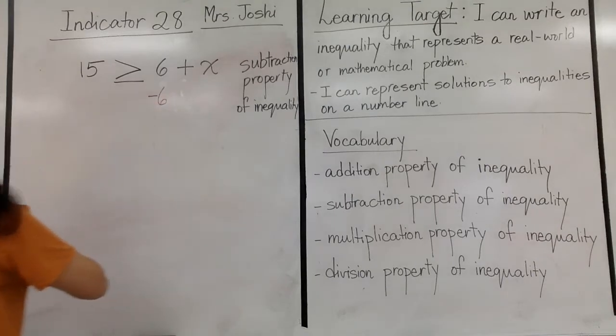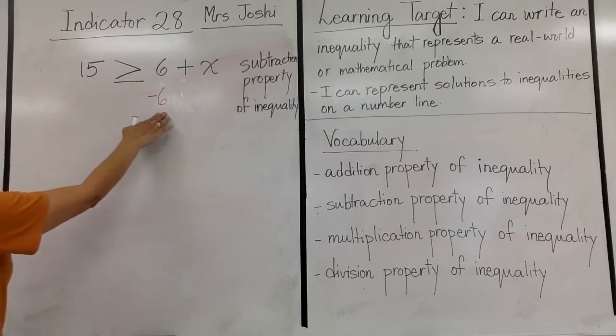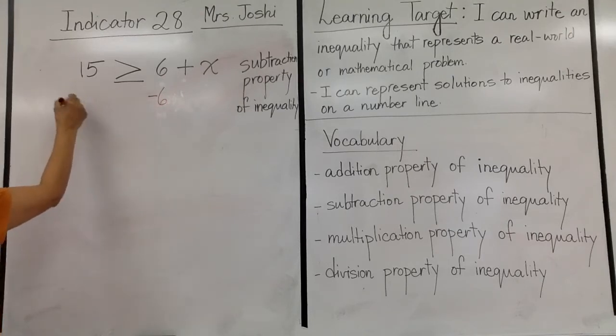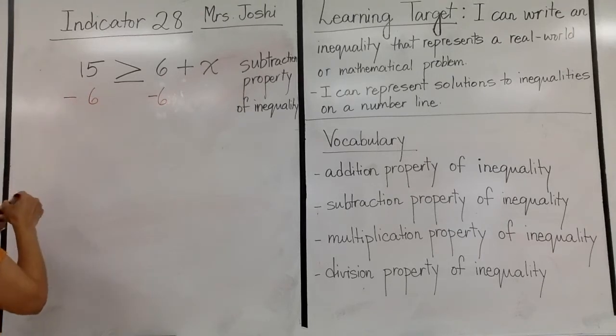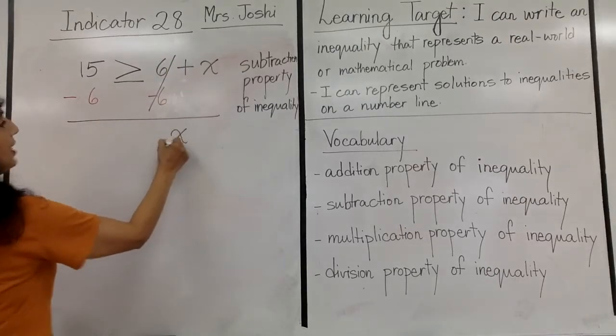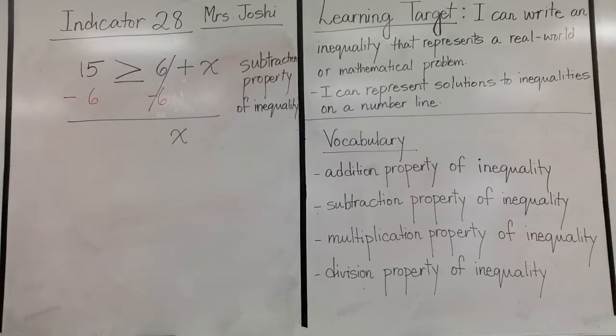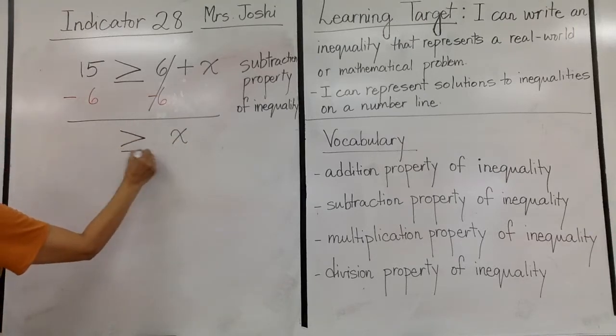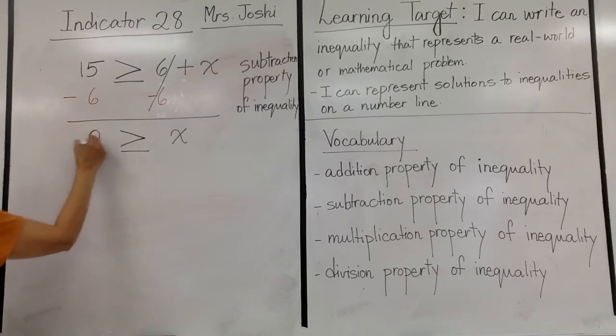I do minus 6 over here. Whatever I do on one side of the inequality, I have to do the same thing on the other side of the inequality. Okay, so here we get 6 minus 6. We are left with x. All right, and then we have greater than or equal to 15 minus 6 gives me 9.